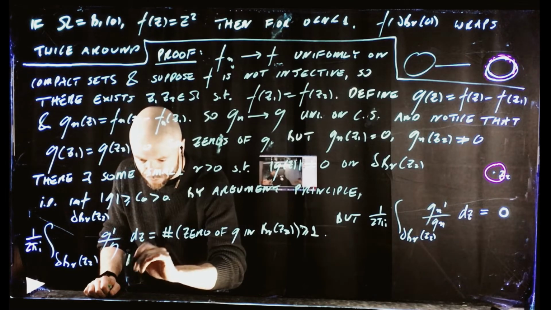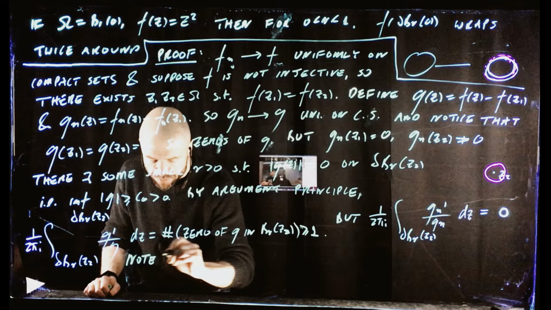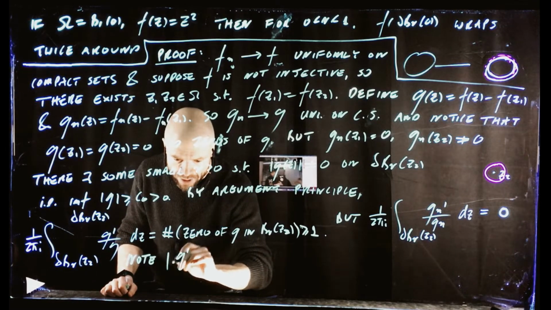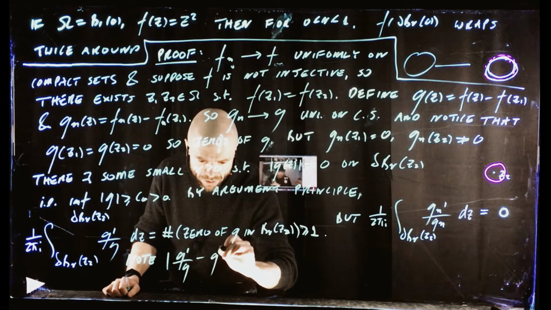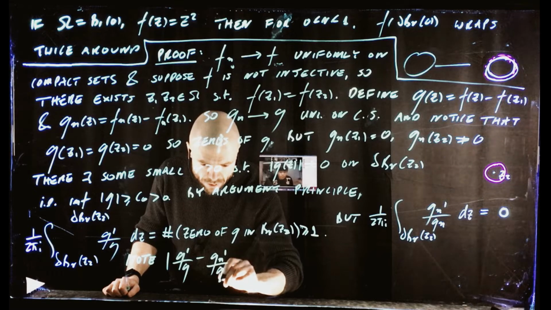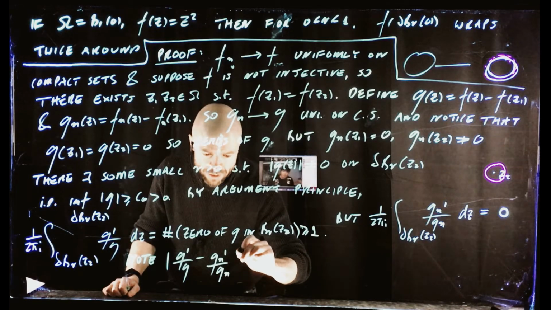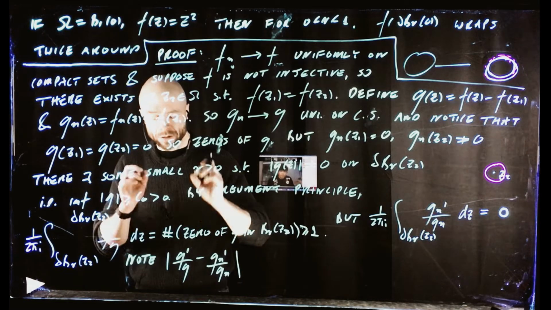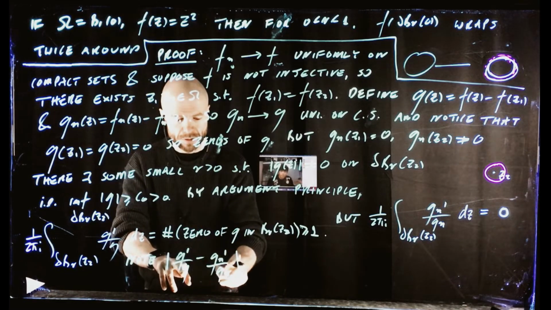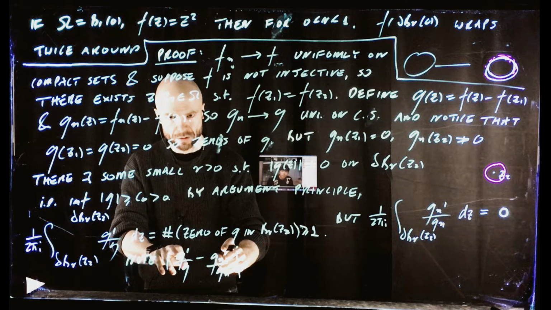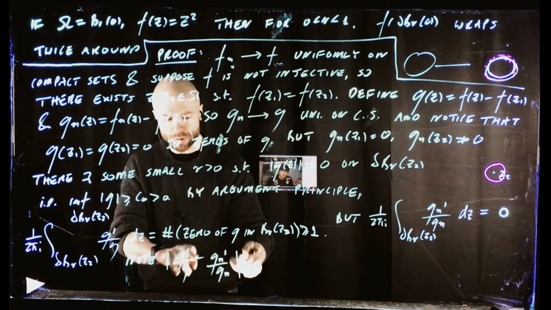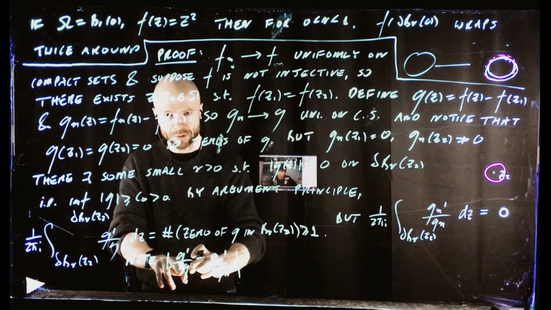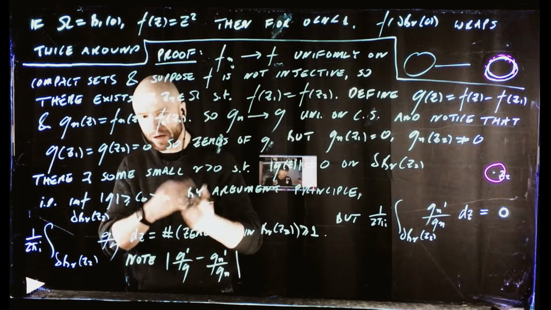So note that G prime over G minus Gn prime over Gn can be made uniformly small, controlled in terms of how close G is to Gn and G prime is to Gn prime. Because, as pointed out, G is not equal to 0 on the boundary. If G was equal to 0 on the boundary somewhere, we'd have a problem.